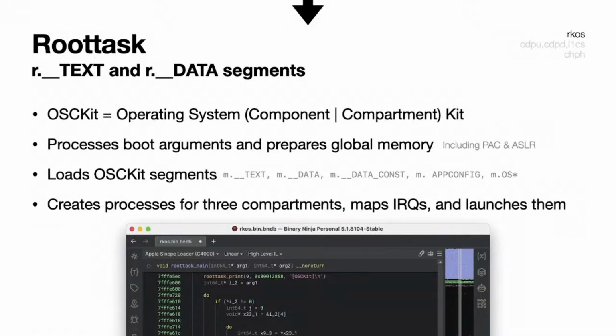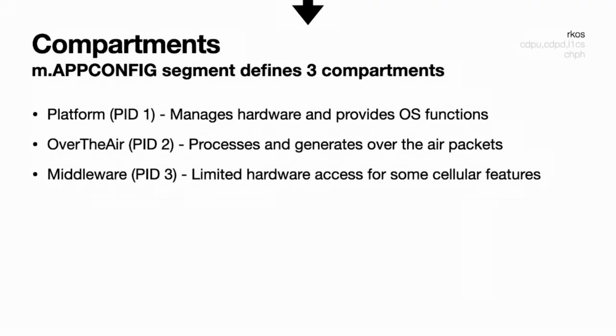Then it also prepares some interrupt requests, maps them to those processes, and then launches them. And those processes are defined in the app configuration.